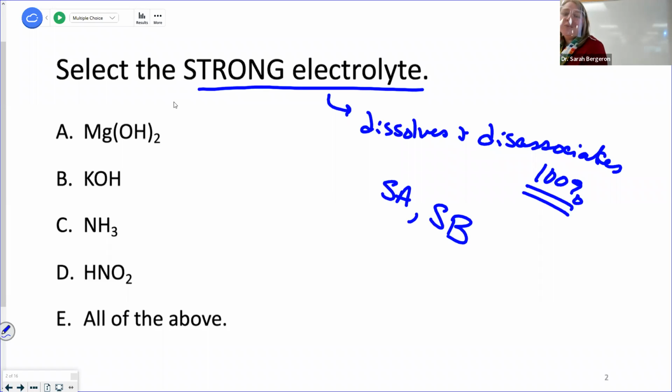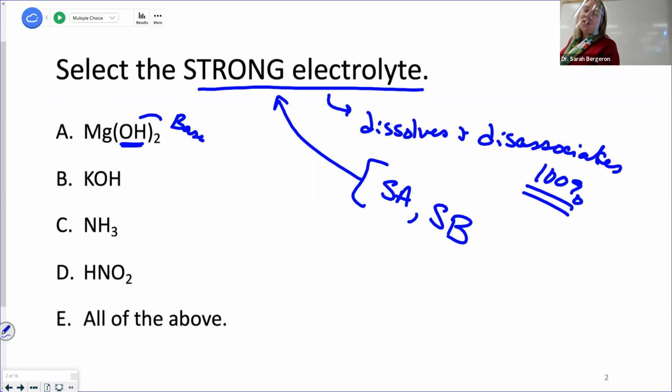Those are examples of strong electrolytes. So the only question you have to ask yourself is whether one of these answer choices is strong, right? So if you look at A, what is A? Magnesium hydroxide, right? The OH, this is the hydroxide. So this is a base, but is it a strong base or a weak base?